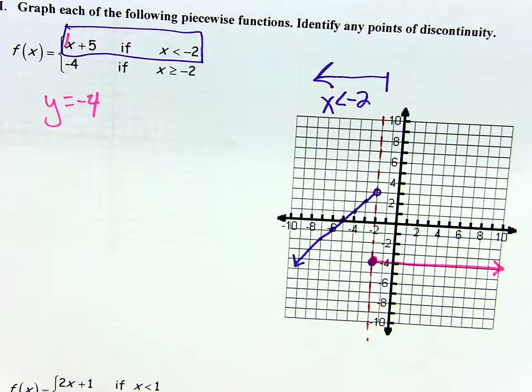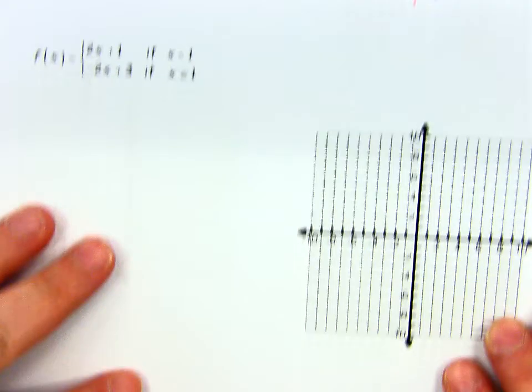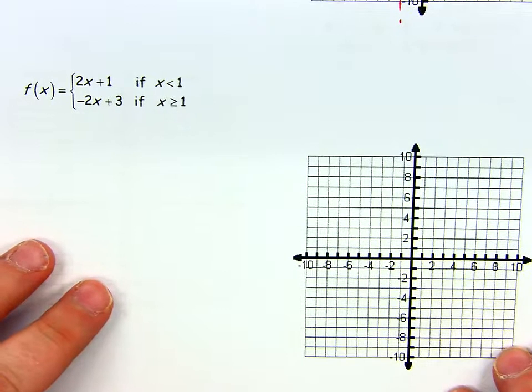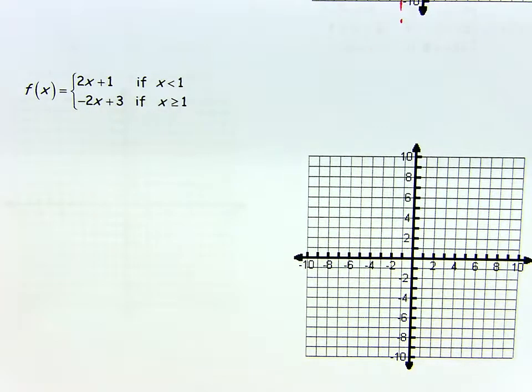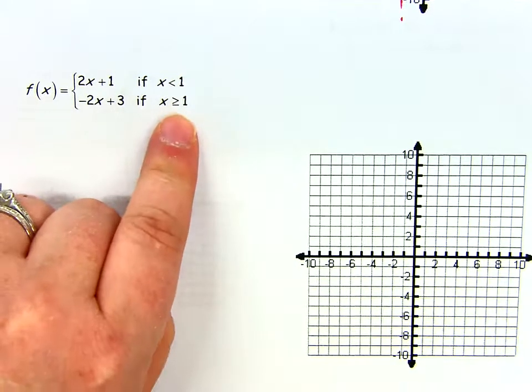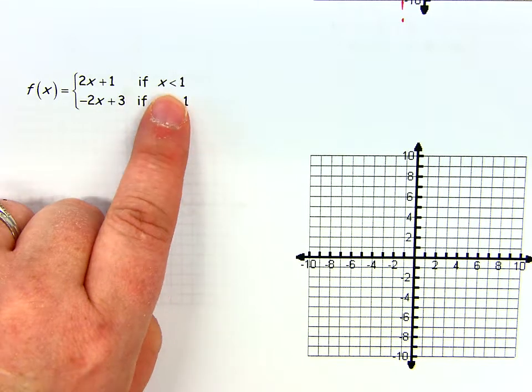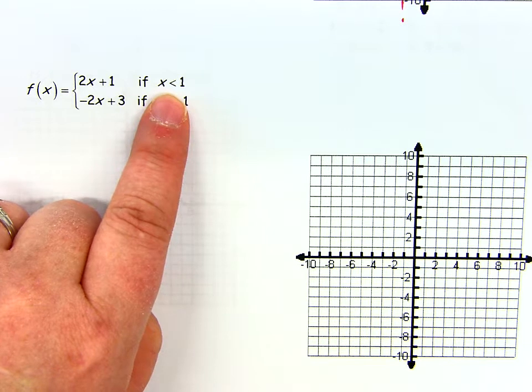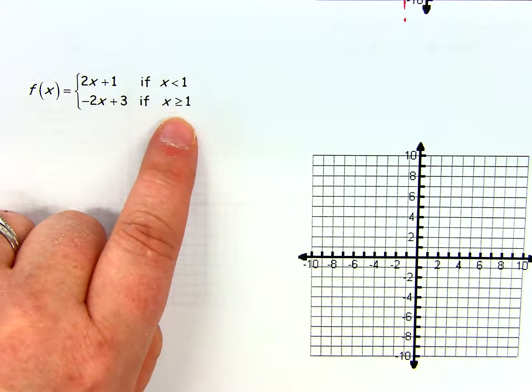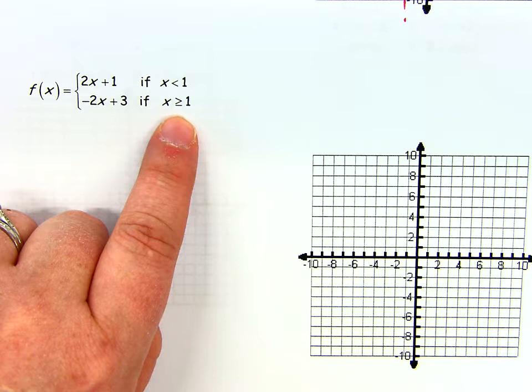Let's see if we get it with our second one. So this time this function again breaks into two parts, but this time my whole graph is getting split at 1. So the top graph is only going to exist when x is less than 1. The bottom graph will only exist when x is greater than or equal to 1.